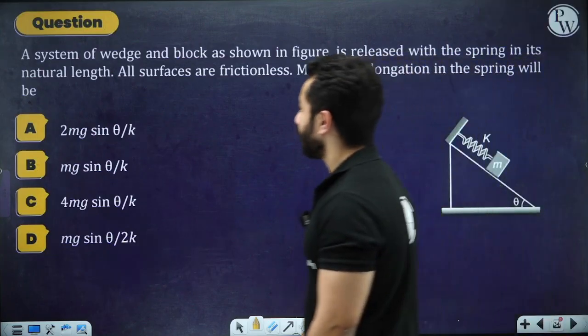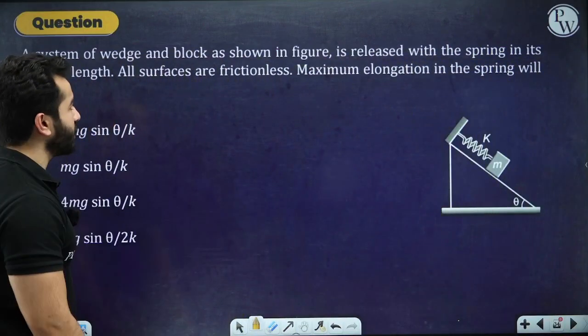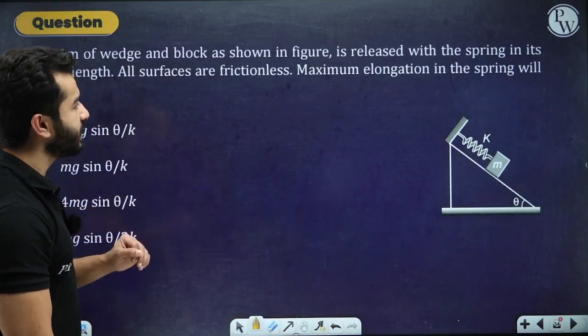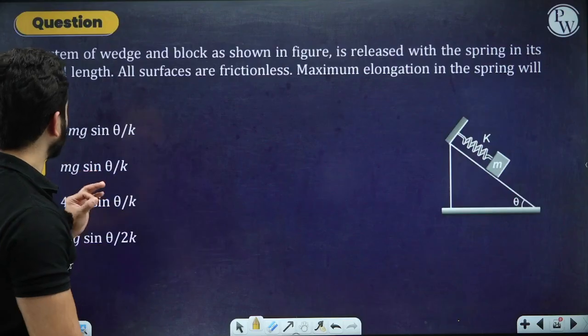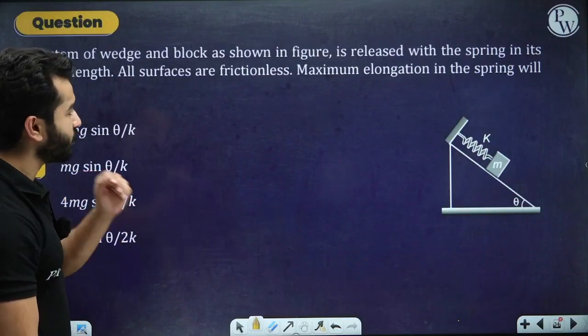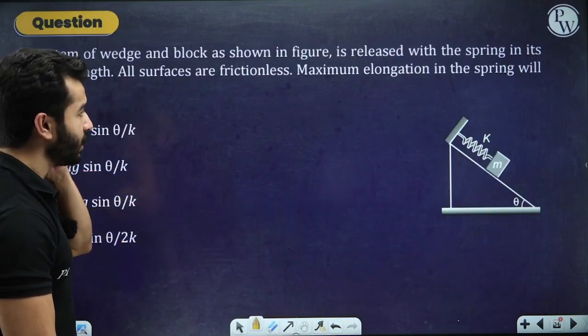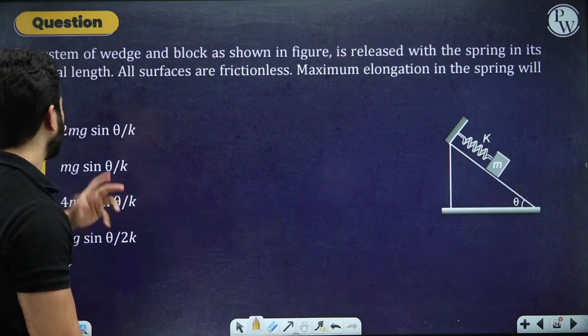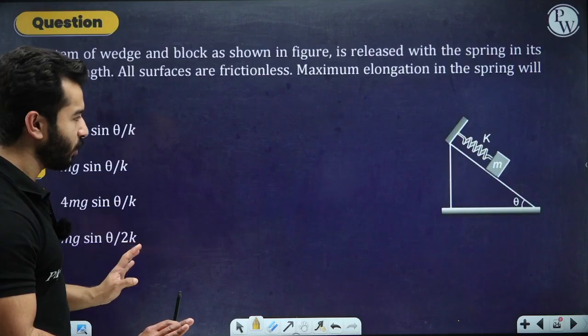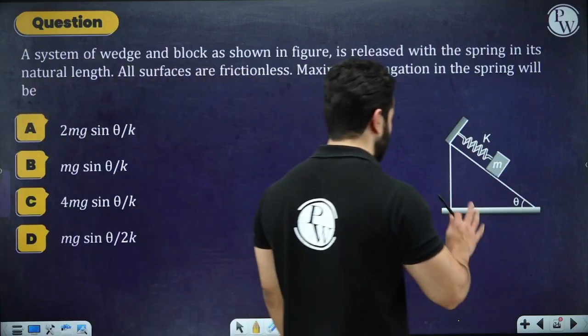What is it about? A system of wedge and block as shown in the figure is released with the spring in its natural length. All the surfaces are frictionless. Find out the maximum elongation in the spring. What will be the maximum elongation? I think this is all easy, so I want you to solve it.